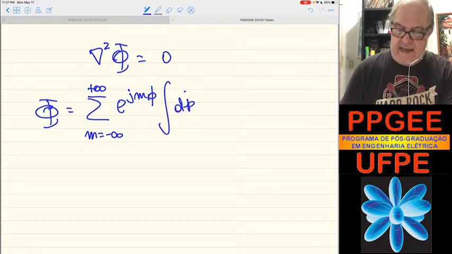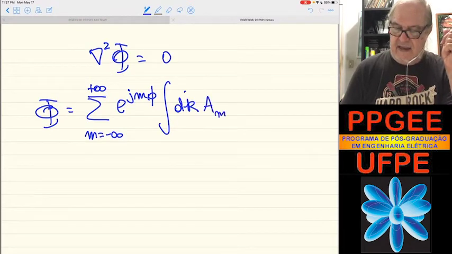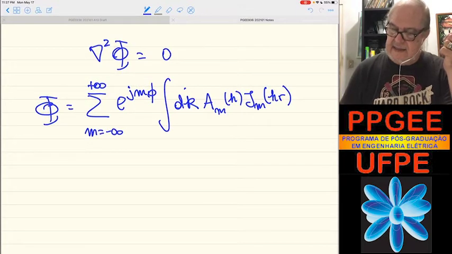An integral in dk, with a coefficient A_m of k, J_m of kr. Then I would have a dependence exponential of minus kz.